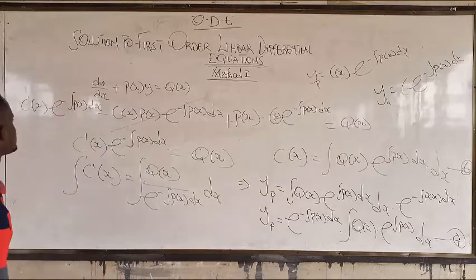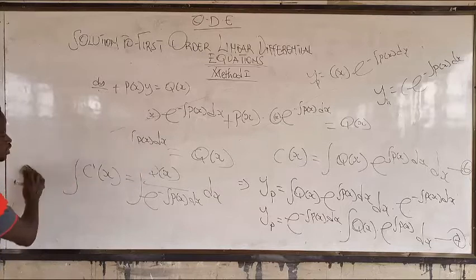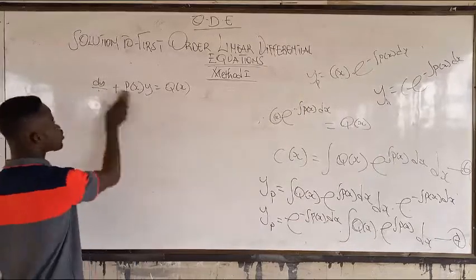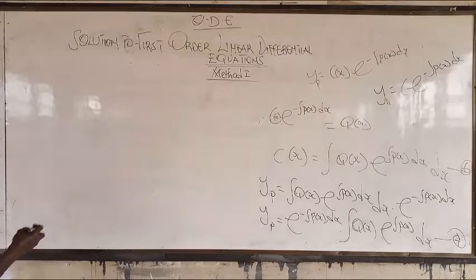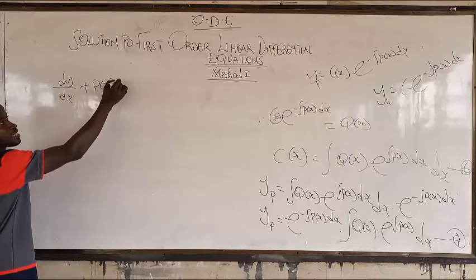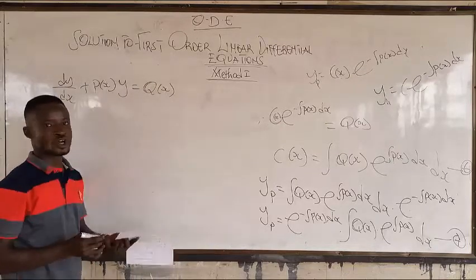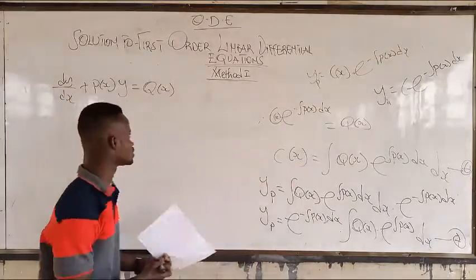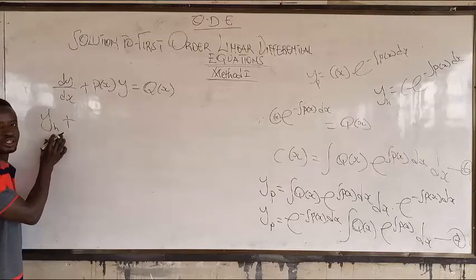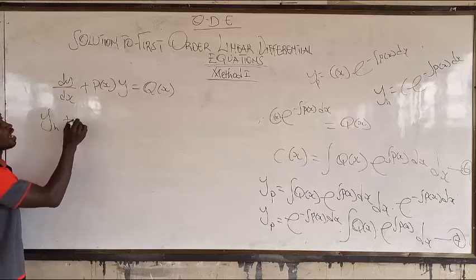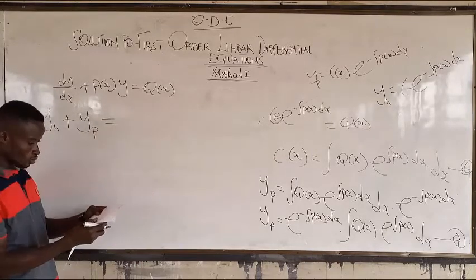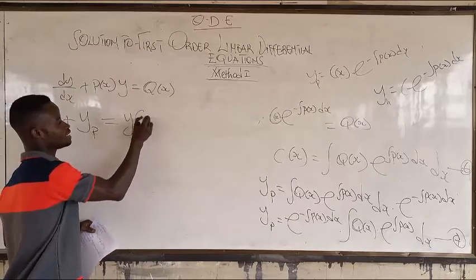Now, for us to get the general solution for the non-homogeneous equation, and you know that the non-homogeneous equation is y prime plus P of S y is equal to Q of S. So it's going to be y subscript h, that is for the homogeneous part, plus the particular solution to be equal to y in terms of x.